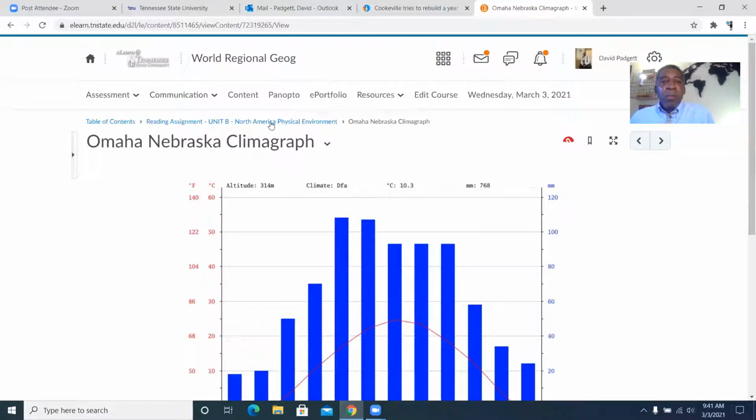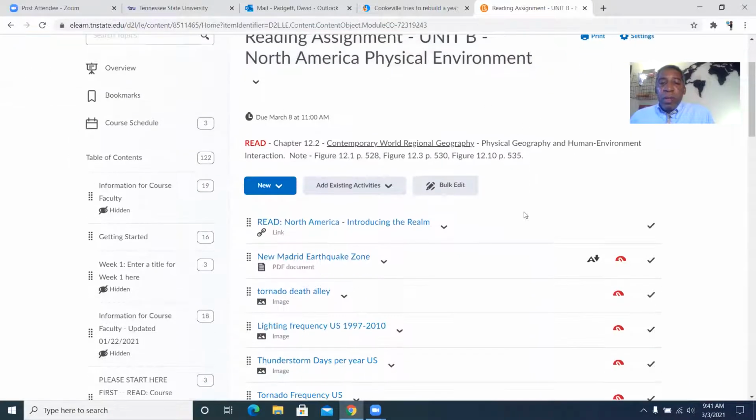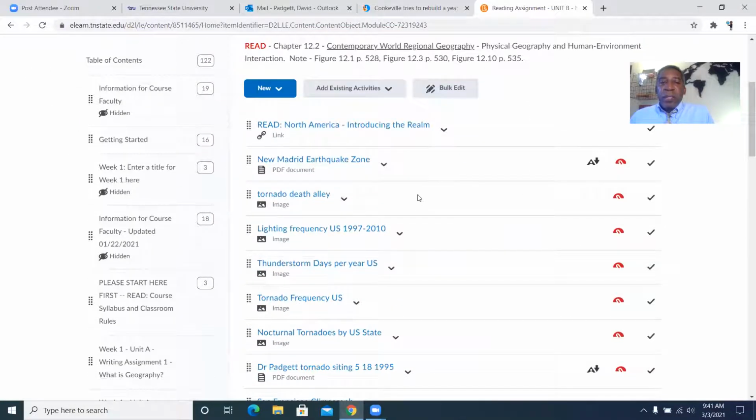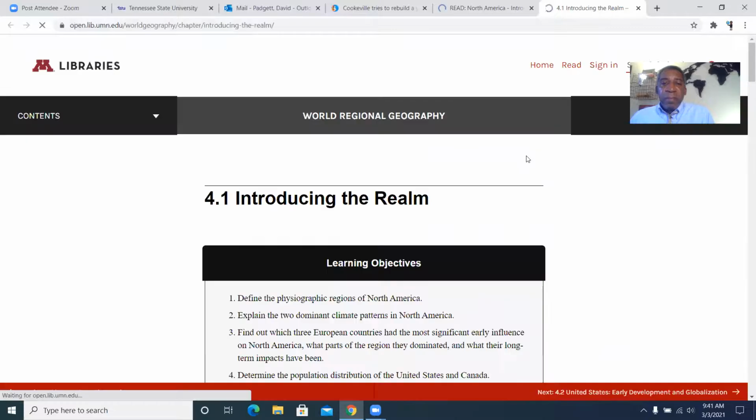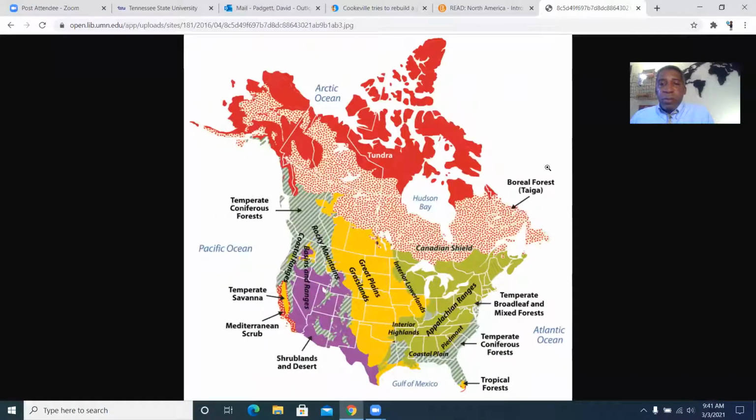Okay, so today we're going to move in a slightly different direction. We're going to look at the physical geography of North America. Here's a map that is included with the reading assignment.